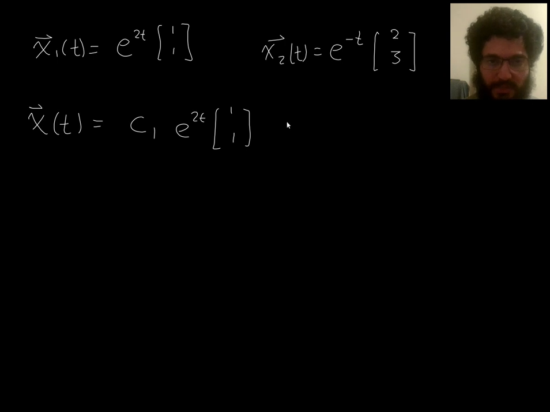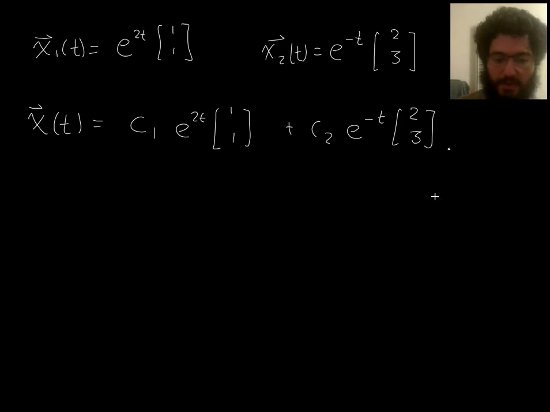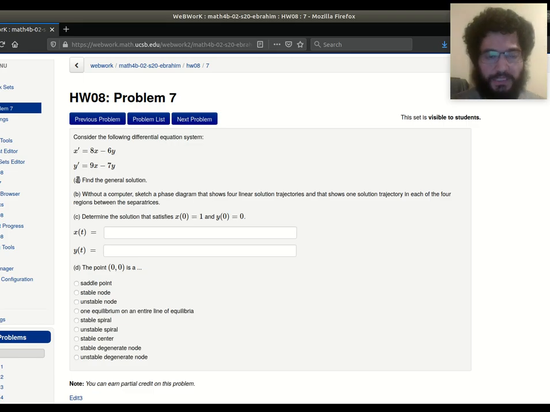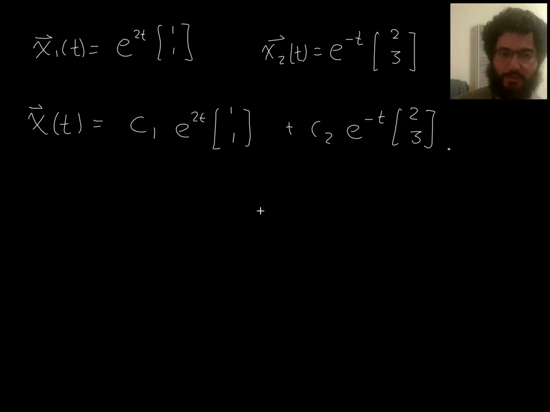So my general solution is this plus C2 times the other one. So there it is. And now I've successfully completed part A. I hope it came out right. I guess we'll find out in the later parts if there was a mistake somewhere.